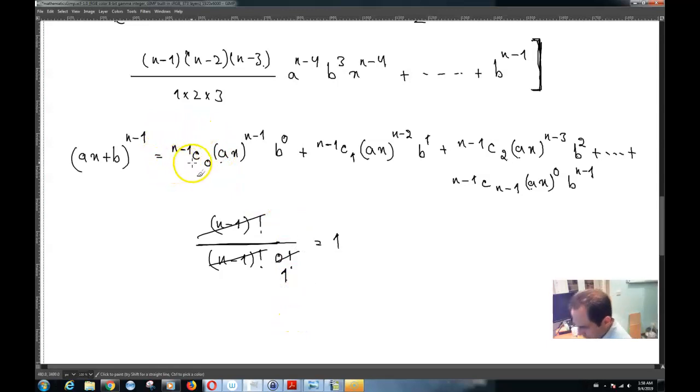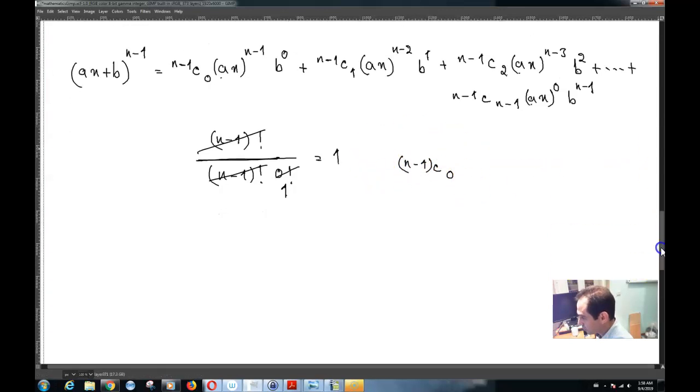So basically what that means when you say n minus 1 combination 0 is that you have n minus 1 objects, and then you take 0 objects out of those n minus 1 objects.